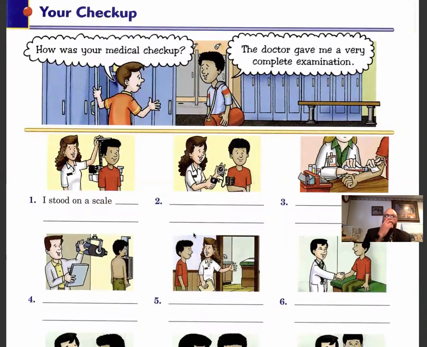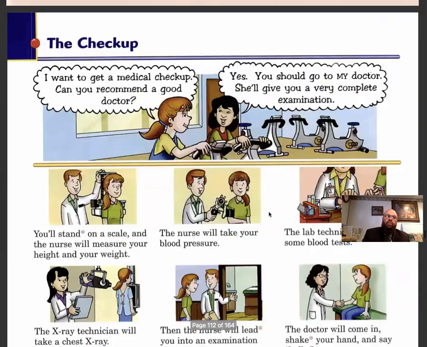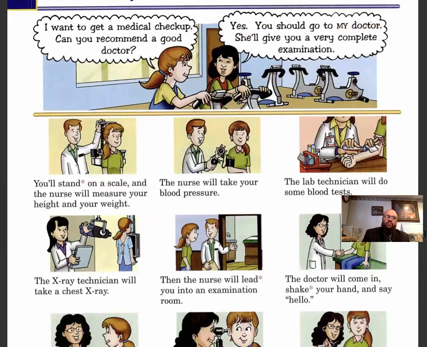All right, your checkup. So how was your medical checkup? This is what you have to do, and we're not going to do this. But you look here on the top, and you can see I stood on a scale.